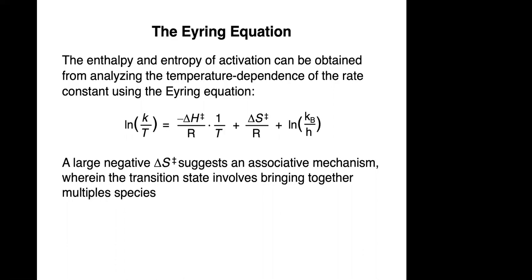And so you should really be wary of taking this as being too significant if the magnitude of this value is low. But if it's relatively large and negative, then that's suggestive of an associative mechanism.